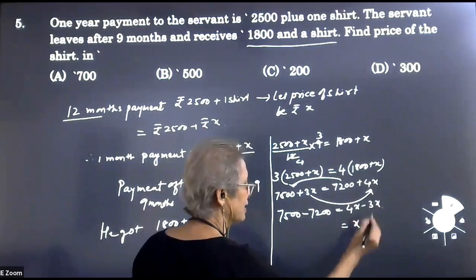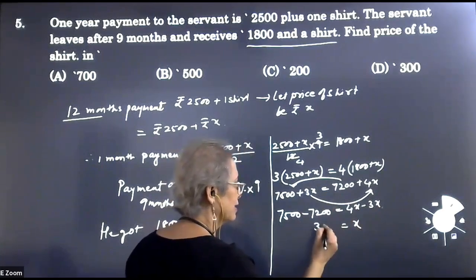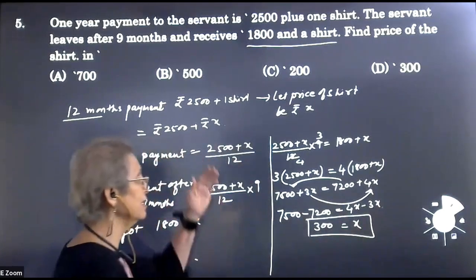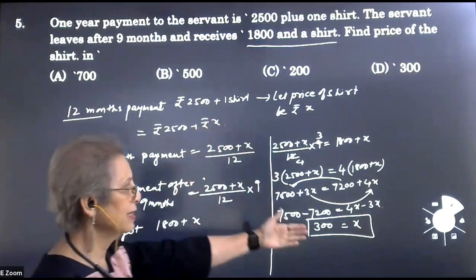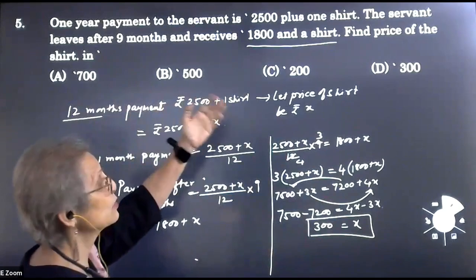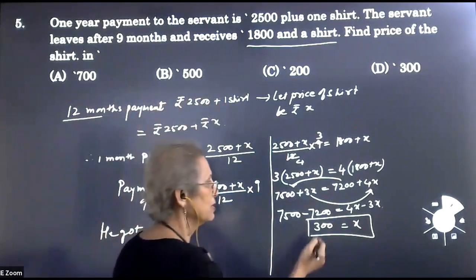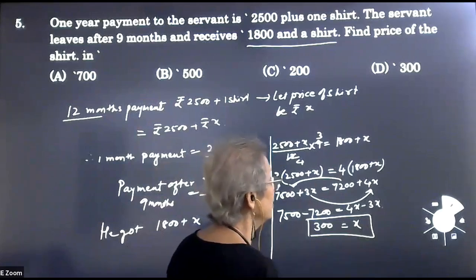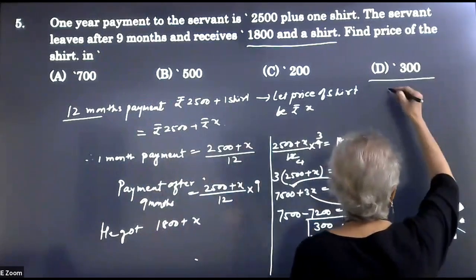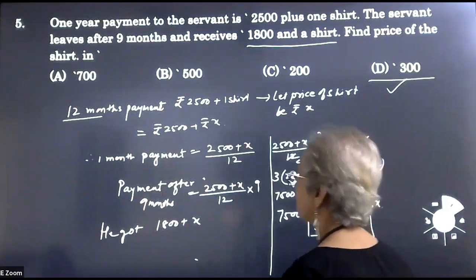And 4x minus 3x is x, and here we'll get 300. So what is x? X is the price of the shirt. Price of the shirt is 300 and therefore the option is D, that is 300.